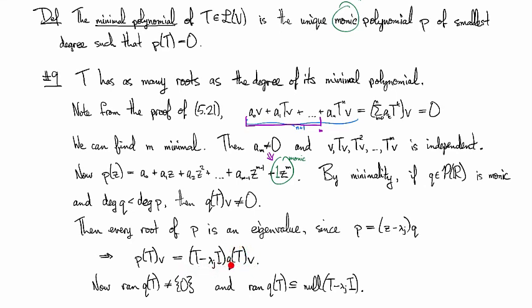So this is an element of the range of q(T), and then by the way we've defined p, it's going to get sent to 0. And so it's in the null space of this one right here. So since we have a non-trivial null space of this operator, then we have an eigenvalue. The end.